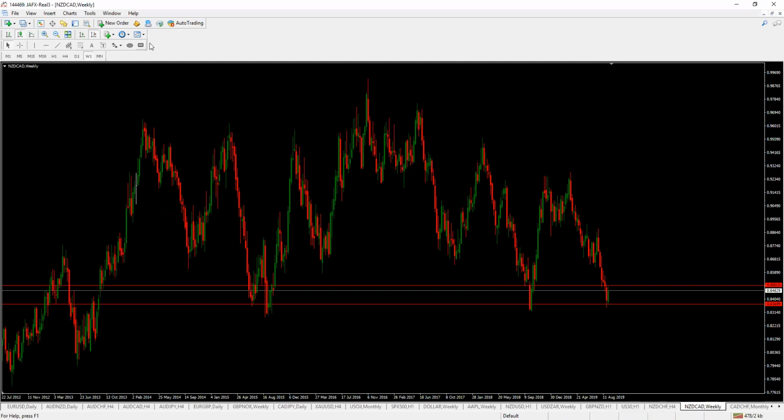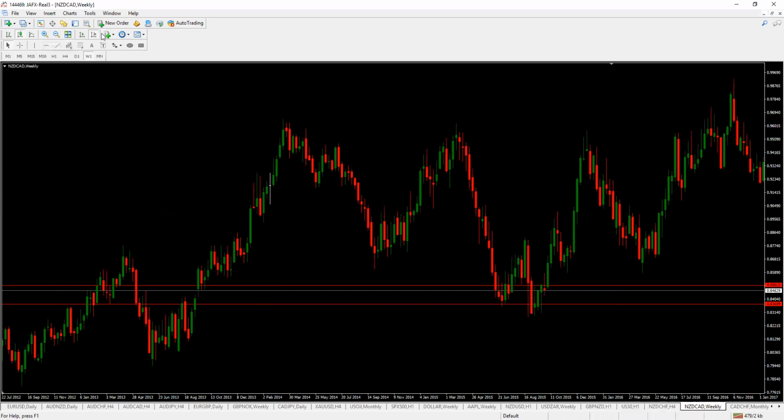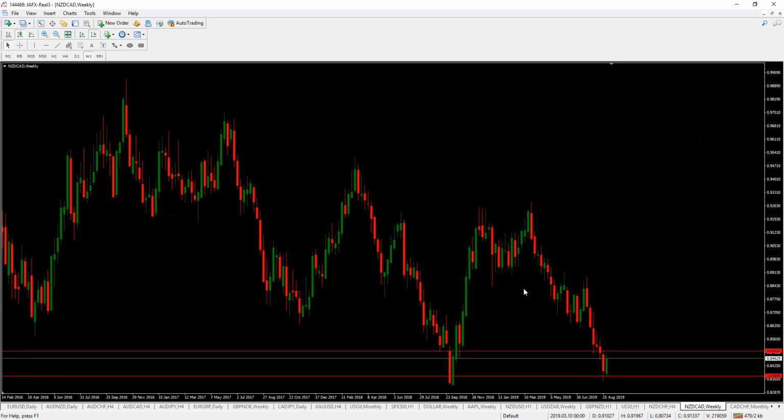Okay, so what do we see here? Support, clear support. We have found support for the week. Last week we found support, and that's perfectly fine. So what we're going to do is take this to the upside, to this trend line, right?